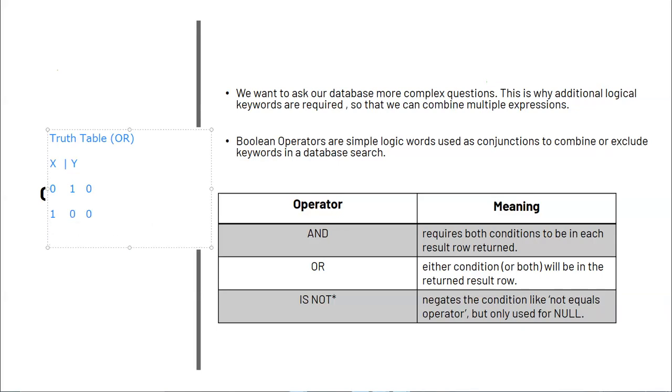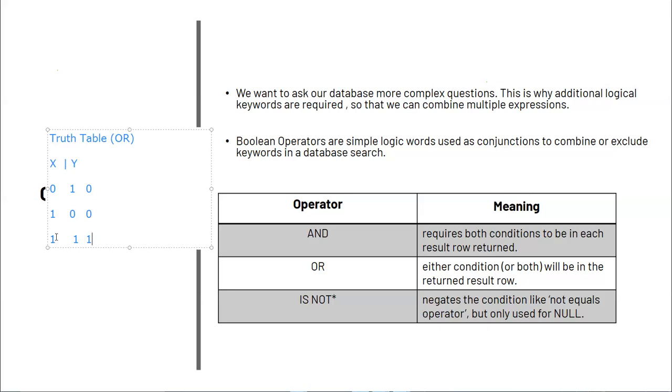If X is 1 and Y is 1, our answer will be 1. So that is the truth table for the AND logical operator. The condition has to be true on what you are looking for. Both conditions have to be true for it to work out.